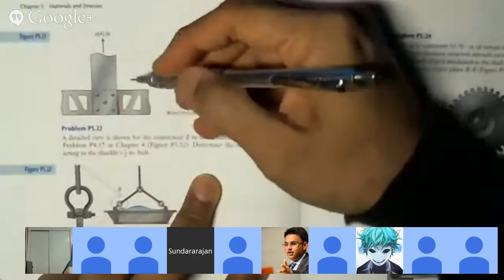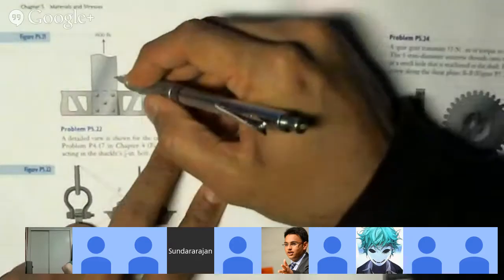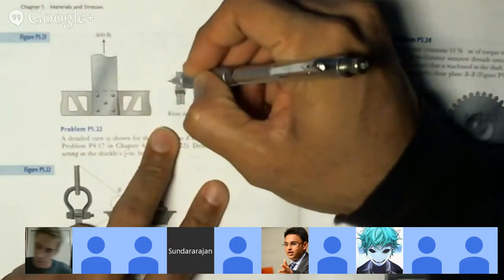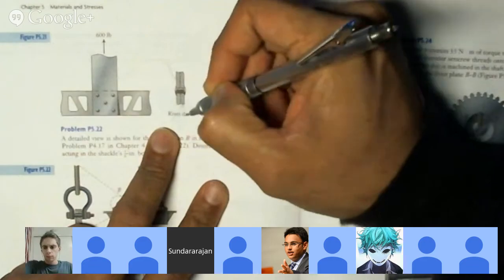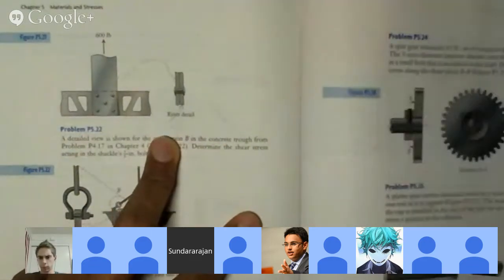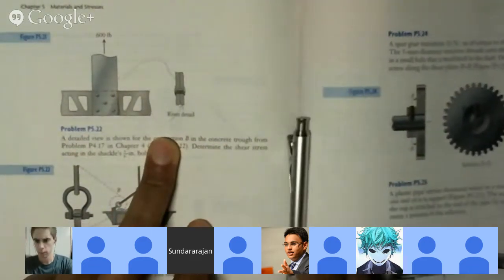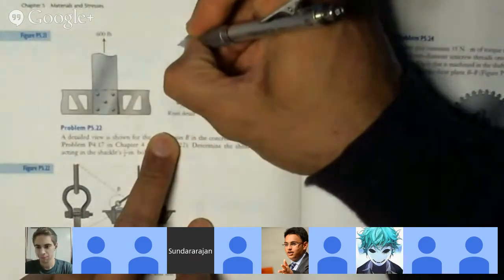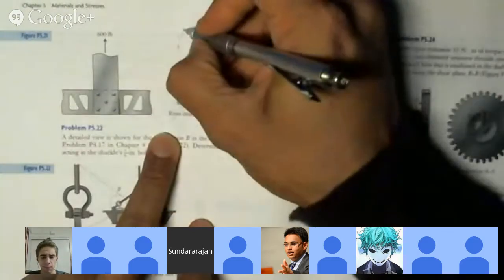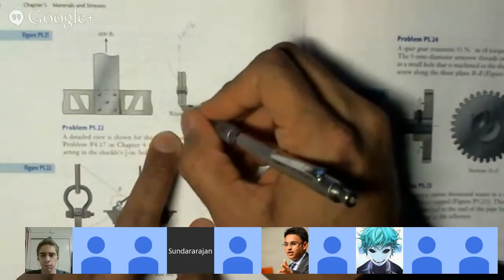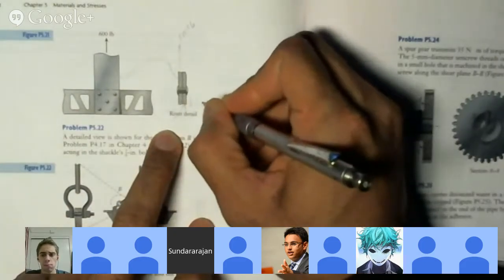Okay. So this is this piece, and this one is the other piece. So this guy is pulling up with 600 pounds like that, and this one is restraining it with 600 pounds pointing down.